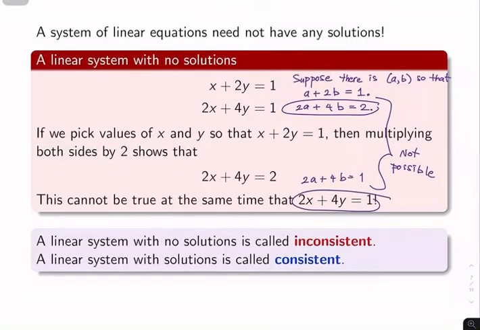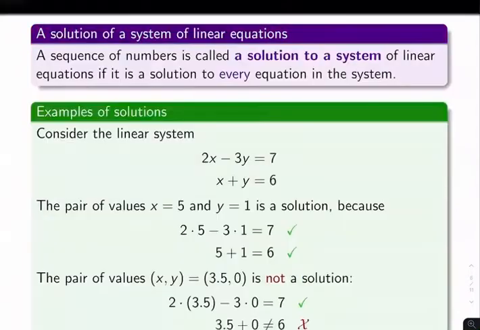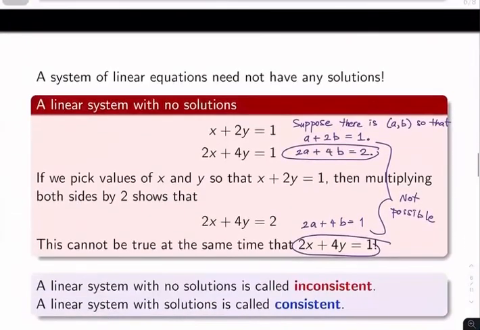A linear system like this with no solution is called inconsistent, and a linear system with solutions is called consistent. This linear system is consistent because it has at least one solution. And this system is called inconsistent because it has no solutions.